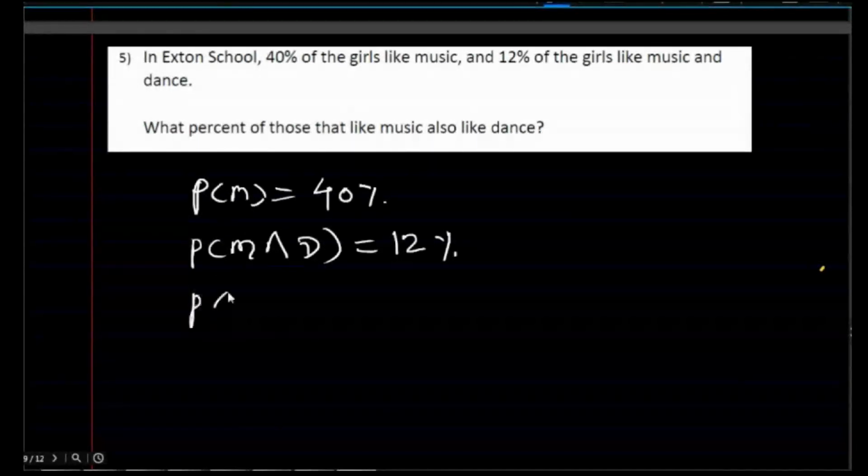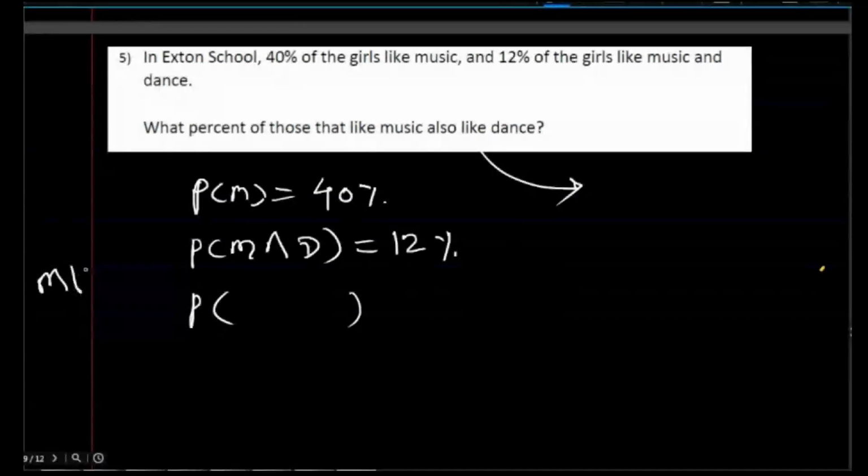So can you write this in conditional probability terms? What should it be, M given D or D given M? This is very important, to find whether it is M given D or D given M. Okay, so how to find this?